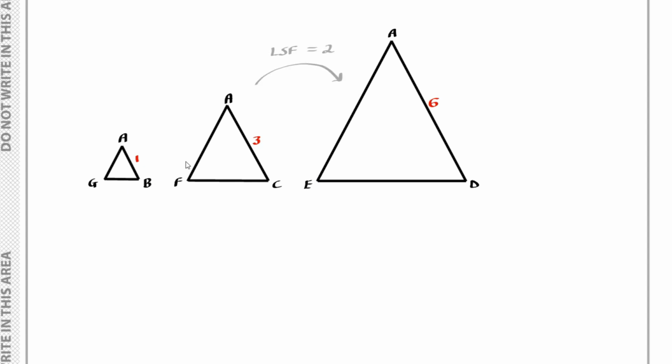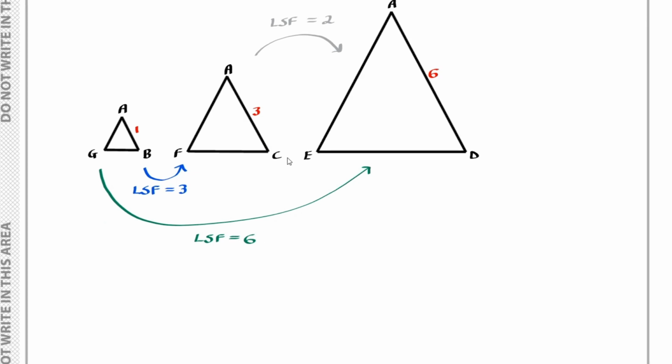Now, to go from the triangle ABG to the triangle ACF, we multiply by 2, and to go from the triangle ACF to the triangle ADE, we multiply by 3, and to go from the triangle ABG to the triangle ADE, we multiply by 6. So our length scale factors are shown.